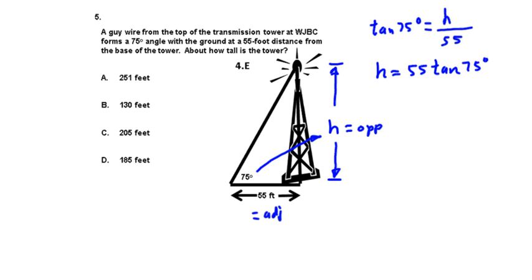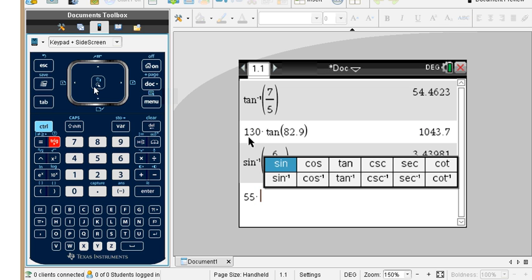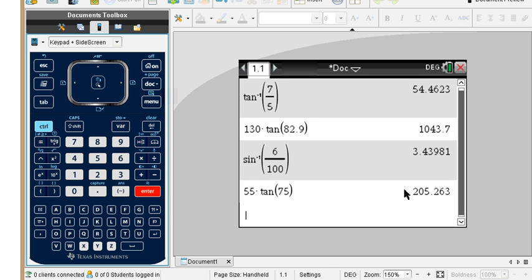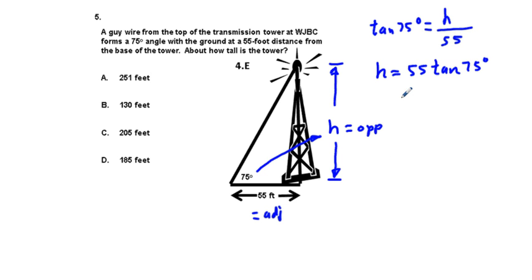And going to our calculator, we'll see we're in degrees, 55 times tangent of 75 degrees. We get, rounded to the nearest foot, 205 feet. So let's go over here. And that's going to be answer choice C.